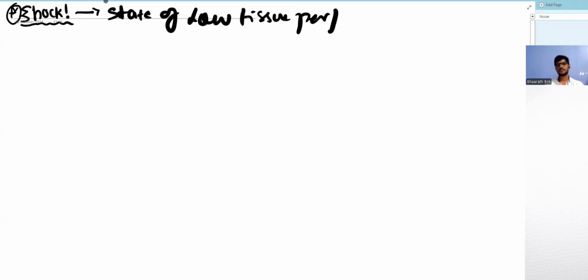So basically, shock is a state of low tissue perfusion which is inadequate for cellular respiration.